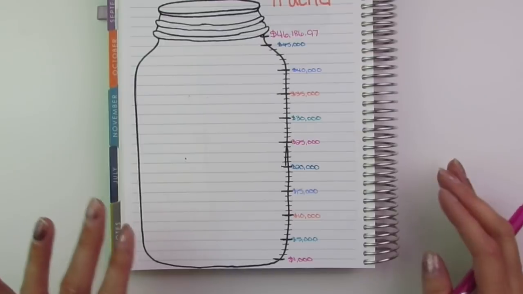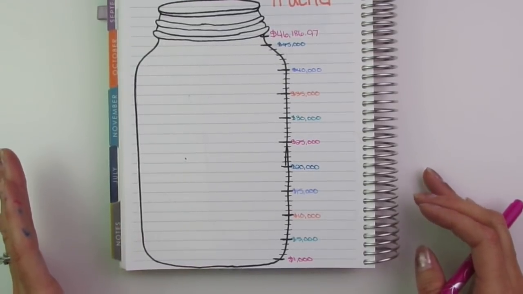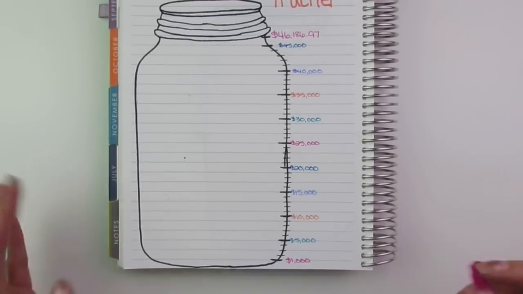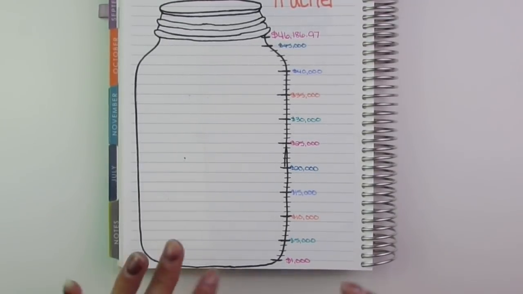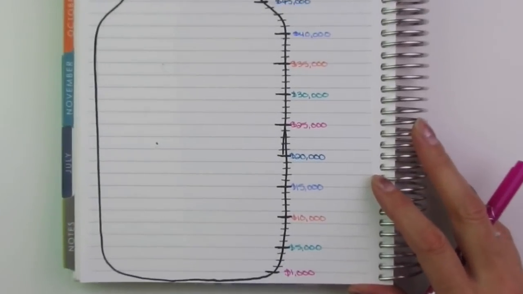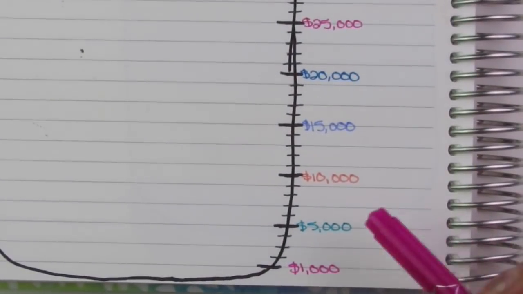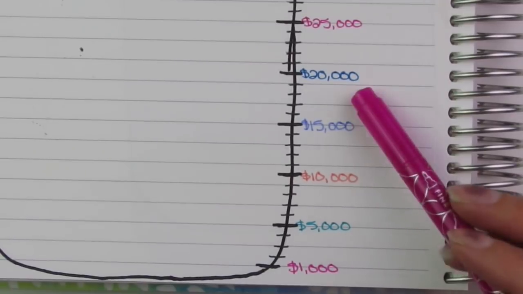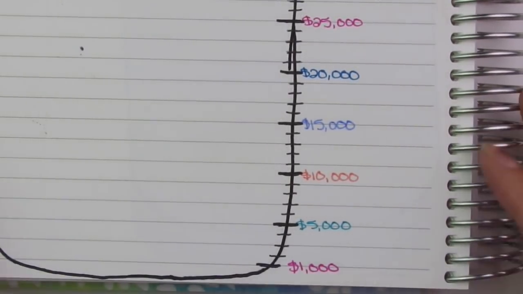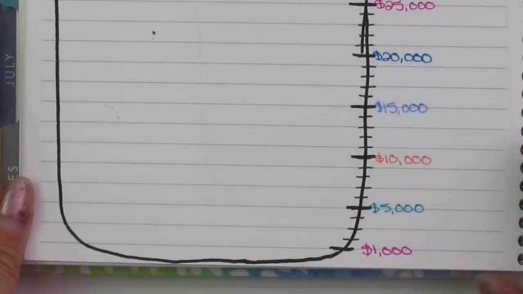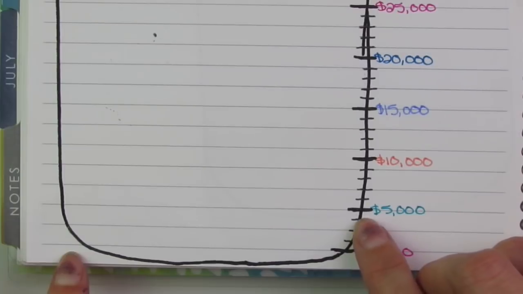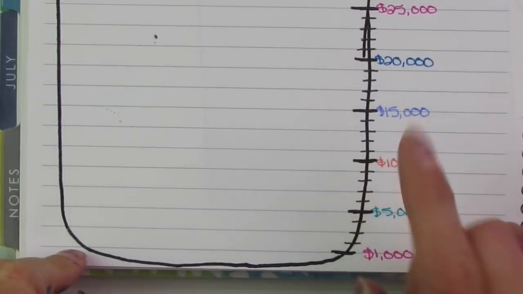So I wanted to be able to color in something every month because that's the purpose of doing this, the motivational factor. So I wanted to make it $1,000 increments, but I only labeled them in $5,000 increments. Otherwise, it would have been all congested and smushed together. So obviously 1,000 starts here, and then we have 2,000, 3,000, 4,000, 5,000, and so on.